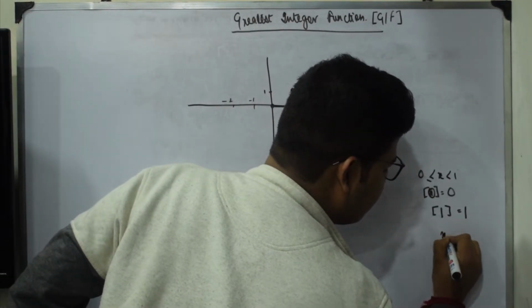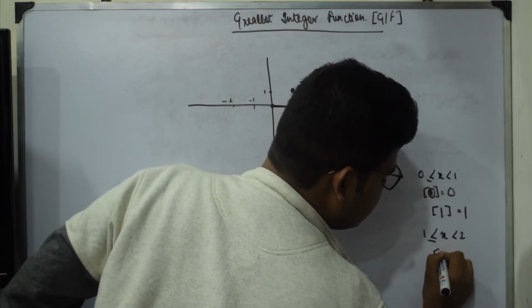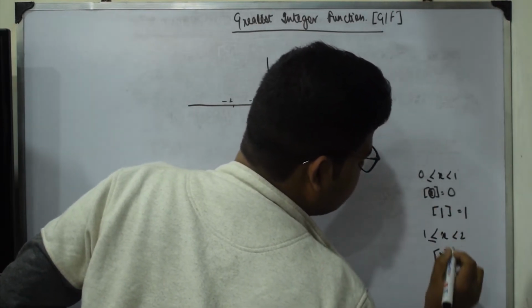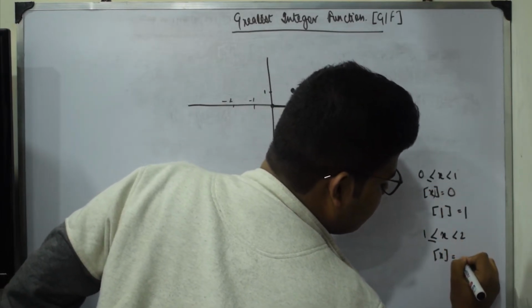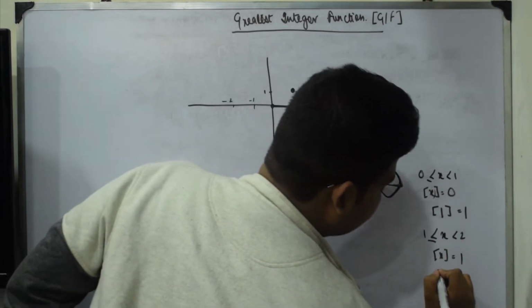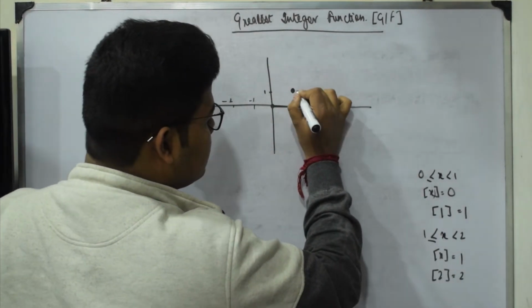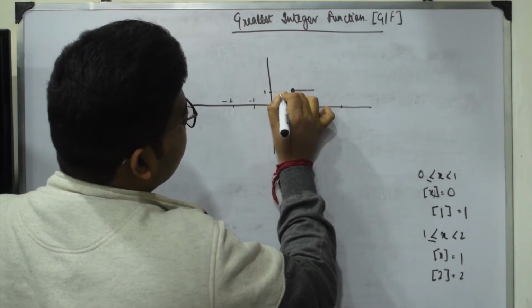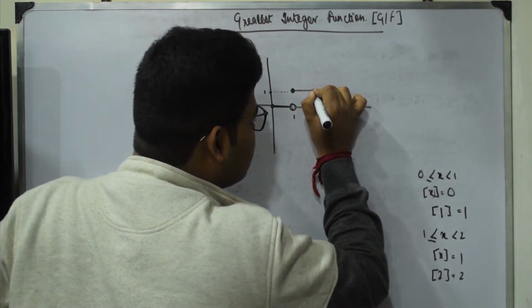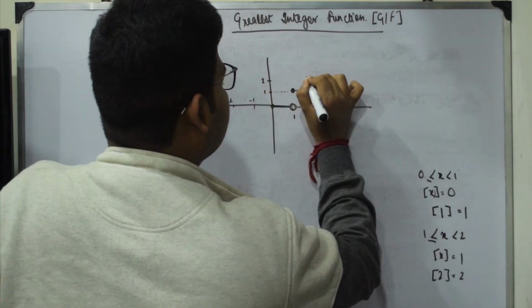Similarly, any number lying between 1 and 2, its GIF will always be 1, and also the greatest integer function of 2 is 2. So similarly we will draw this, till 2 the value is maintained at 1, and at 2 it is not 1 because GIF of 2 is the number 2 itself.